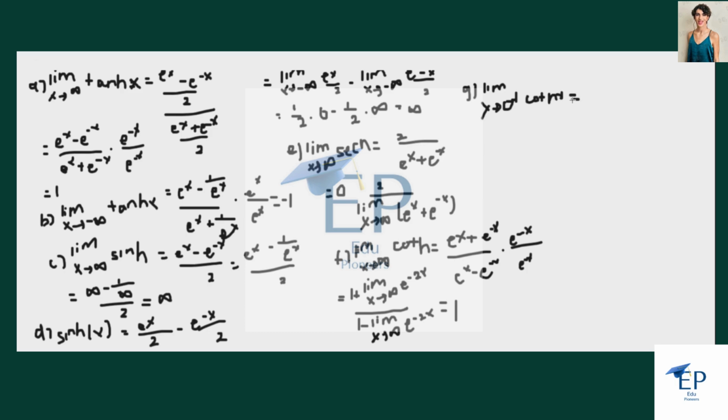This is equal to the hyperbolic function of cosine over the hyperbolic function of sine. And this is equal to e to the x plus e to the negative x over 2 all over e to the x minus e to the negative x over 2, which is equal to infinity.